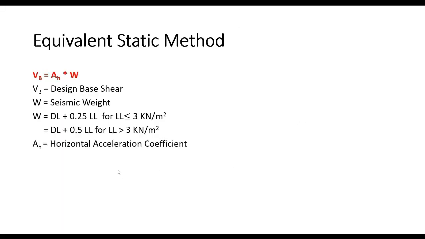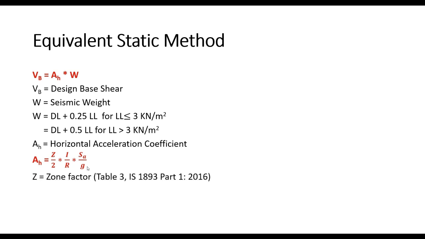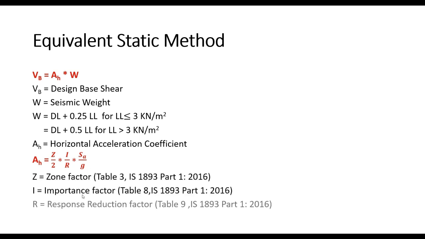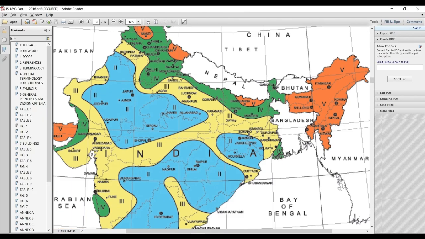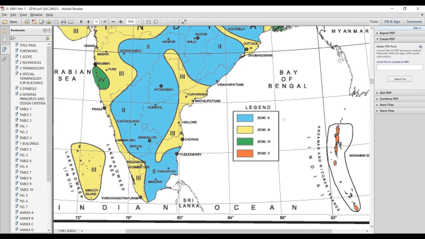Now Ah here is the horizontal acceleration coefficient, and the formula for that is given by Z by 2 times I by R times Sa by g, where Z is the zone factor, I is the importance factor of the building, and R is the response reduction factor. As you might know, India is divided into 4 zones, that is zone 2, 3, 4 and 5.